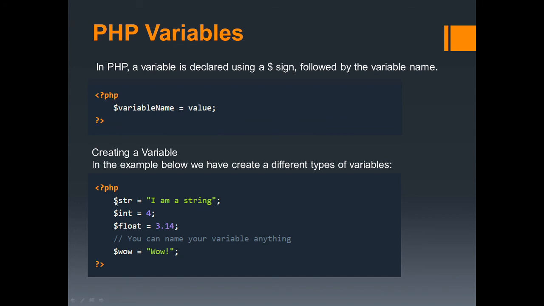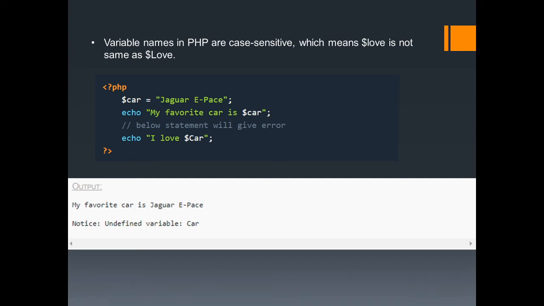Then an int, equals, and a float with a dollar sign. Whenever we declare a variable, we use a dollar sign. Variable names in PHP are case sensitive, which means dollar sign love is not the same as dollar sign Love.